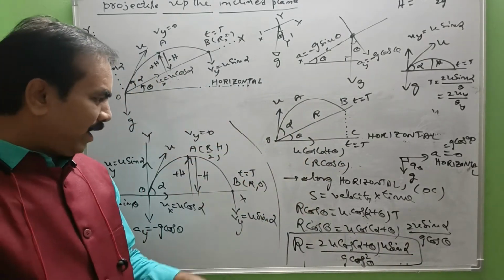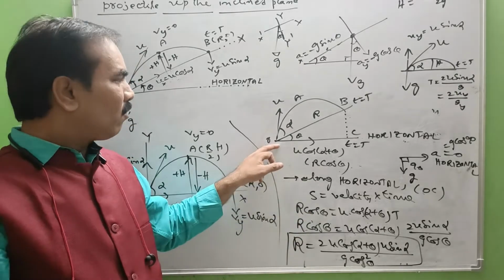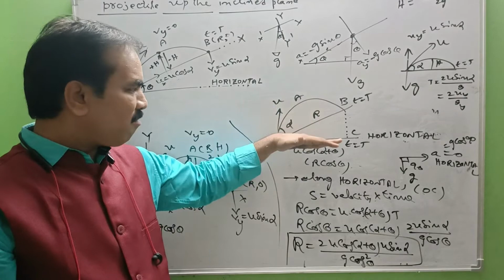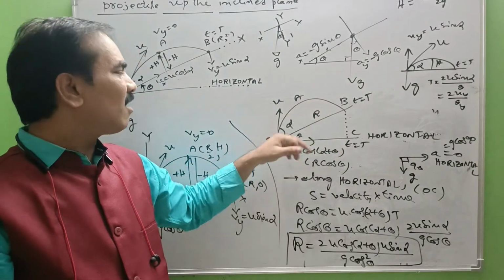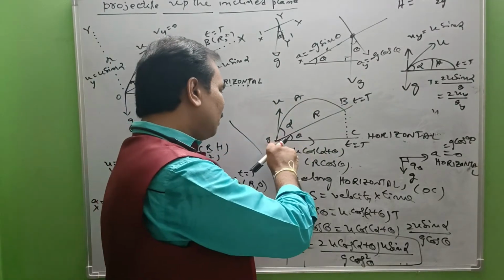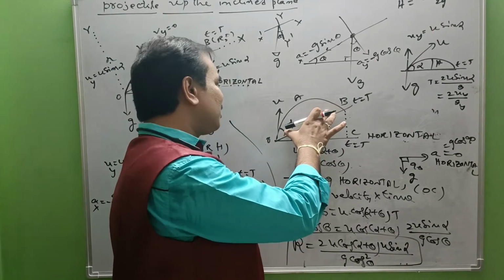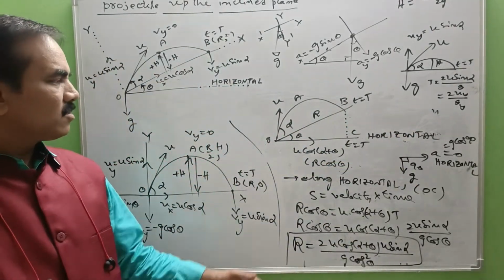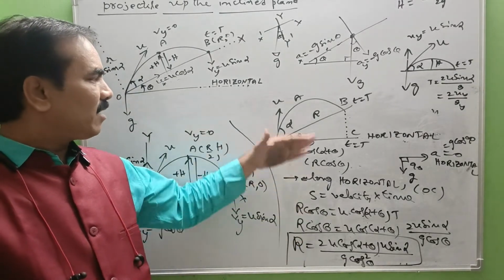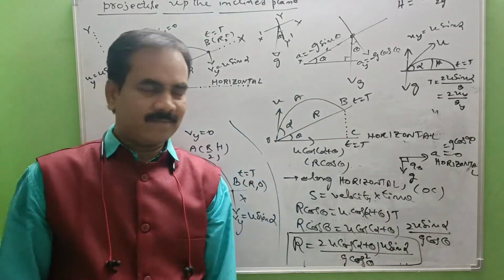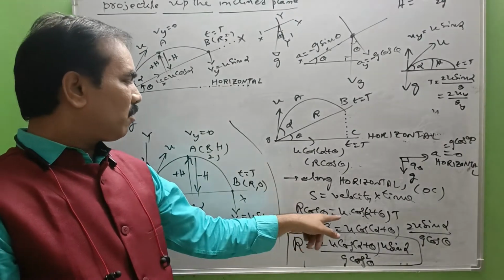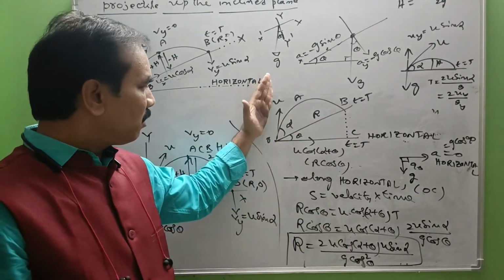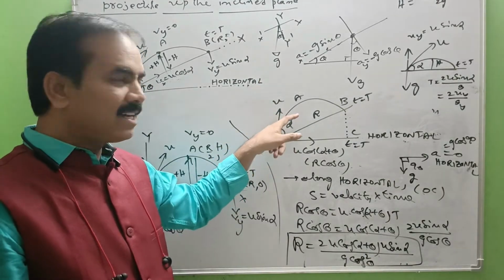So why is it R cos theta? OB is R. Now what is the component along OC for R? That is R cos theta. The same distance R has the component R cos theta along OC, right? So R cos theta is nothing but the component of R along OC. That equals U cos(alpha plus theta), velocity along horizontal. If it is U, the angle made by U with horizontal is alpha plus theta.